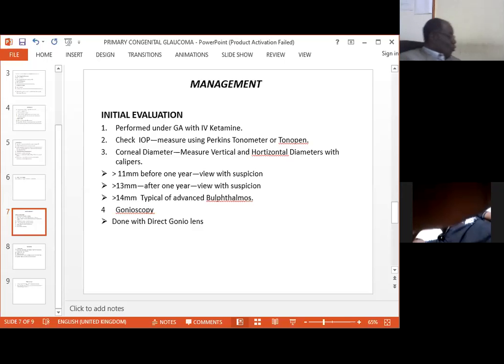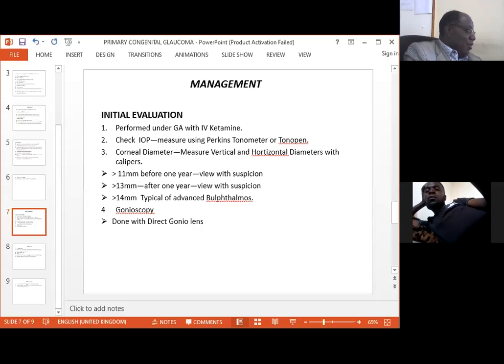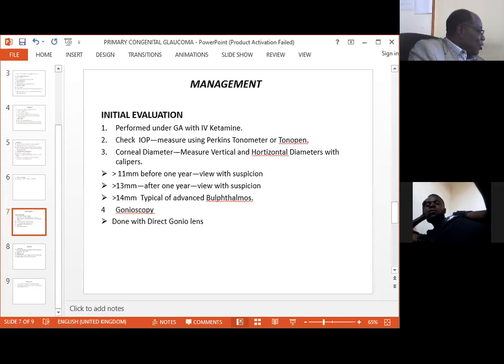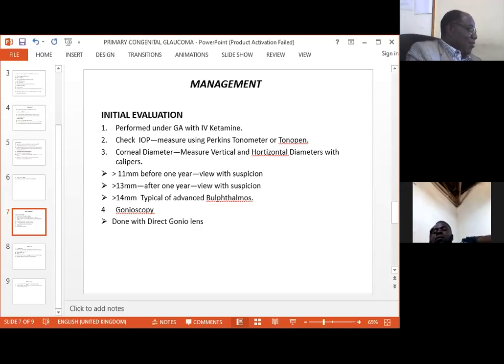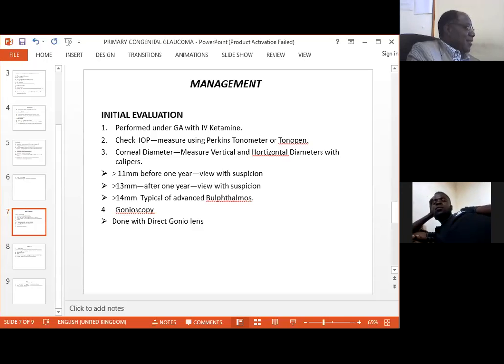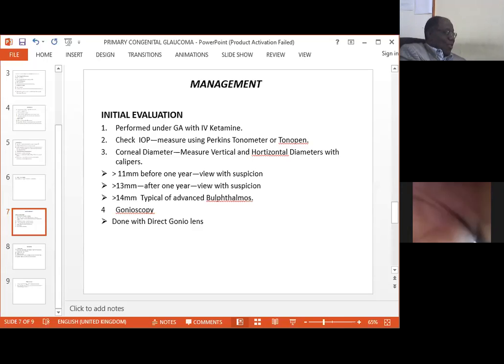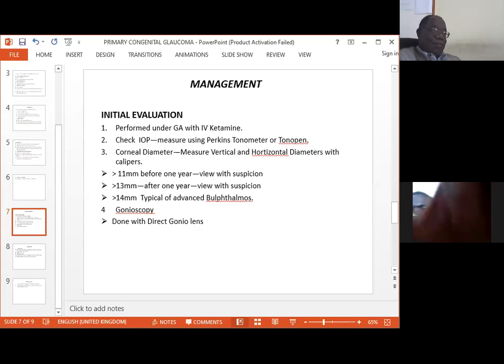It's a question of the time the child is brought to the hospital. It's one thing to be born. If you are in a rural area, by the time you reach the hospital, it can take even a month. You can still do the procedure and examine what is there. If the child is born in the hospital, they can wait maybe another 1 week, then you do the examination, and you proceed. Because after examining, then you proceed with a solution, what you think is the best solution for the child.